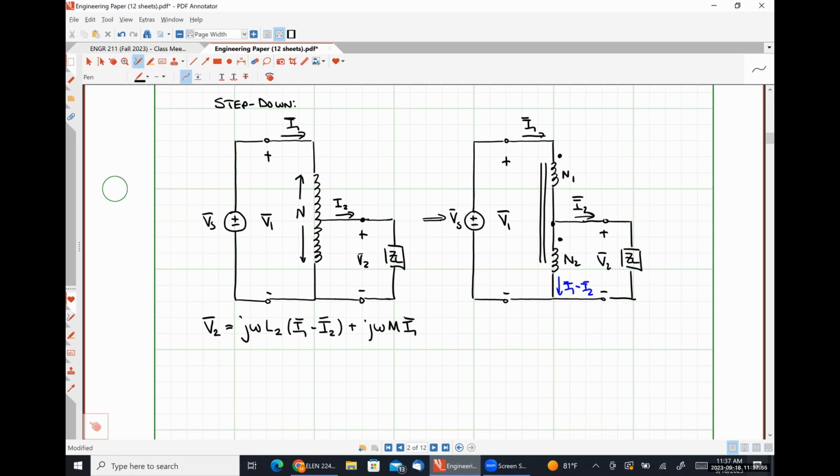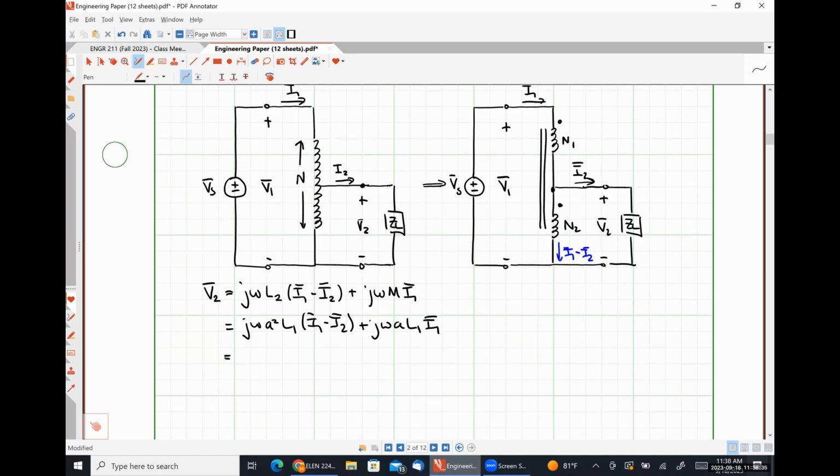So recall that L2 can be expressed as A squared times L1, where A is the turns ratio. So that's going to give us j omega A squared L1 times I1 minus I2, plus j omega M, which can be written as just A times L1, times I1.